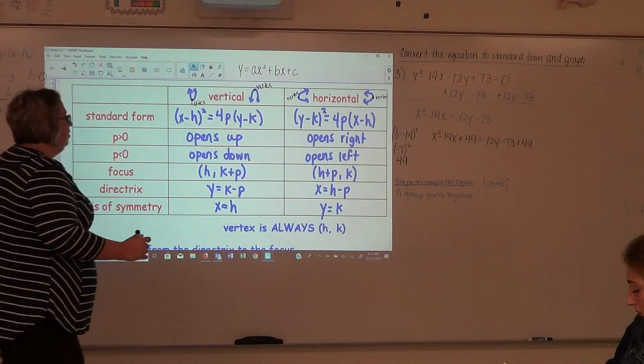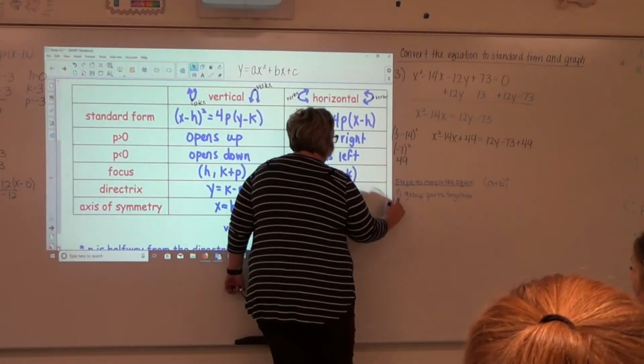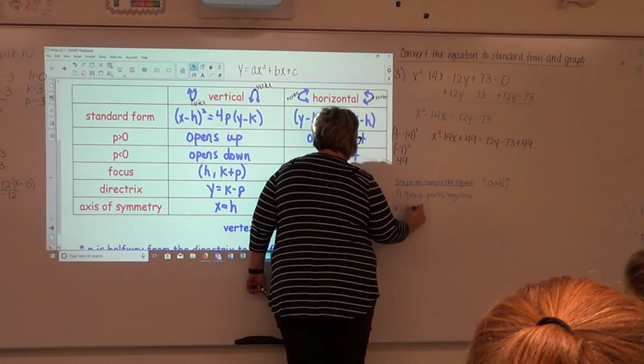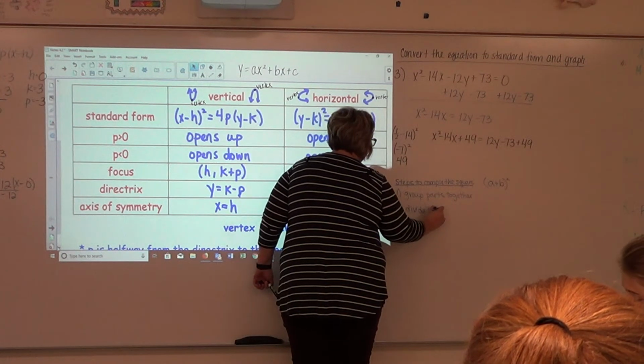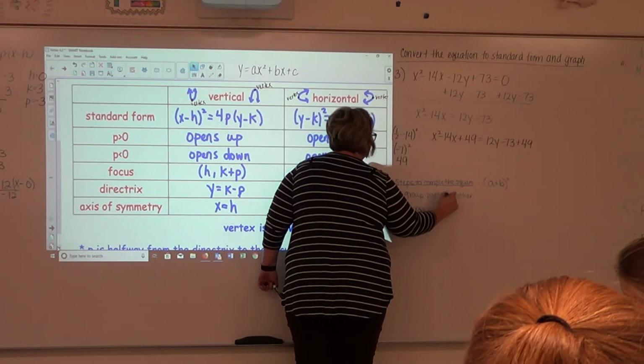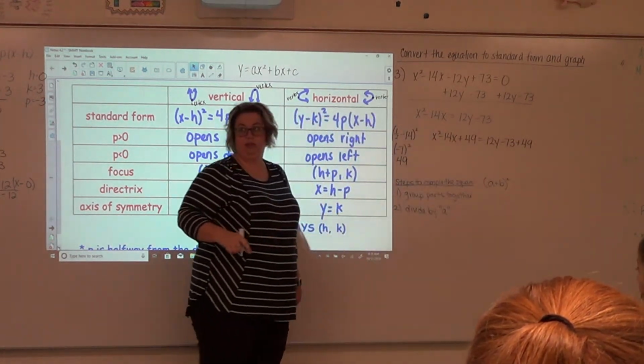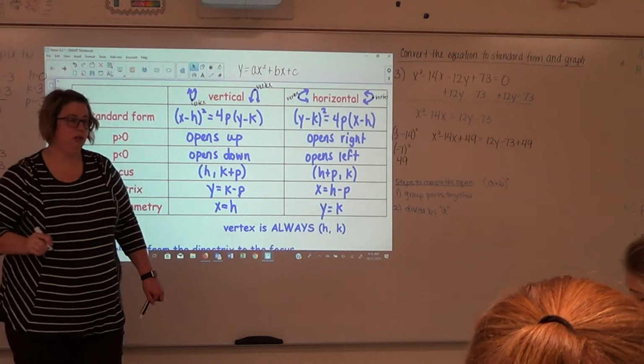Okay? Then, to make this a complete square, you would divide by a. If there's any number in front of the squared, you would have to divide everything by that. Okay?